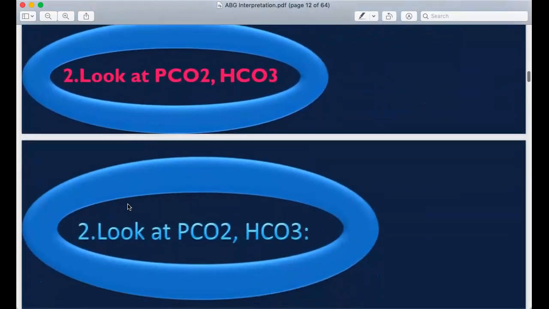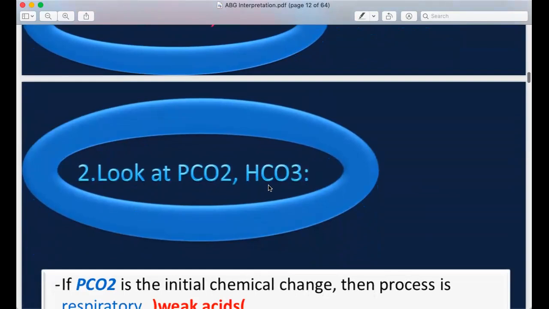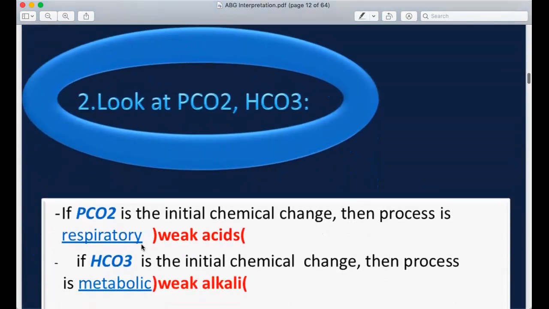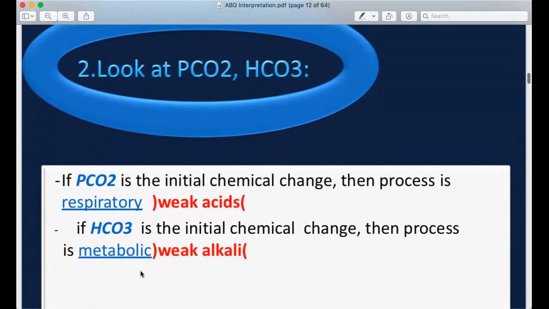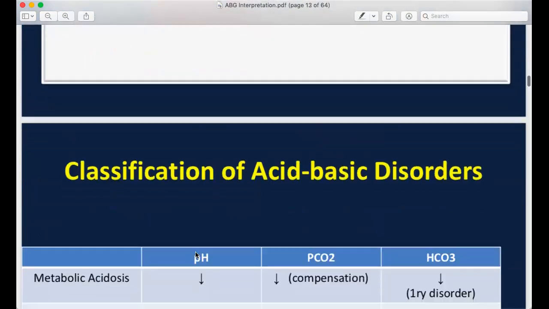So look for the second one: the partial carbon dioxide and HCO3. This is very, very important. If PCO2 is the initial chemical change, then the process is respiratory. If HCO3 is the initial chemical change, then the process is metabolic, acidosis or alkalosis.